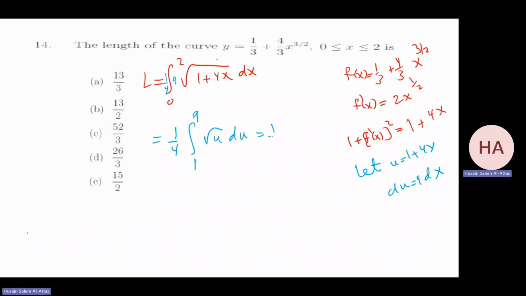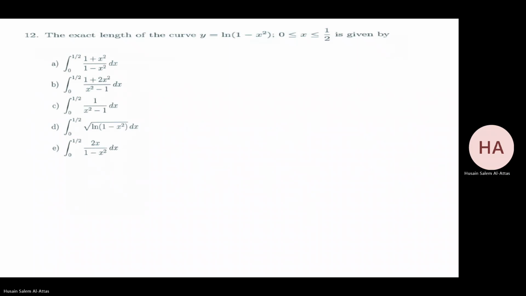And that is equal to 1 over 4 times 2 over 3 u to the power 3 over 2 from 1 to 9. That will be 1 over 6 times what? Square root of 9 is 3, 27, minus 1, 26 over 6, which is 13 over 3, which is this one.